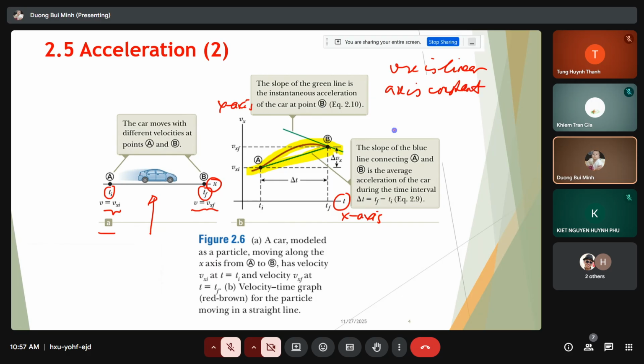If vx is non-linear, ax may be linear or not, it depends. If we have a non-linear curve and then we have many very small time intervals, now the non-linear curve becomes linear if we shorten the time interval. Is it clear?